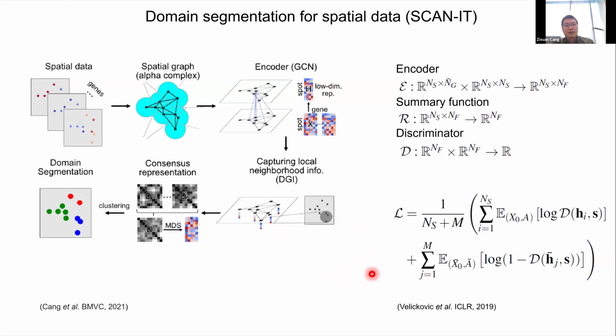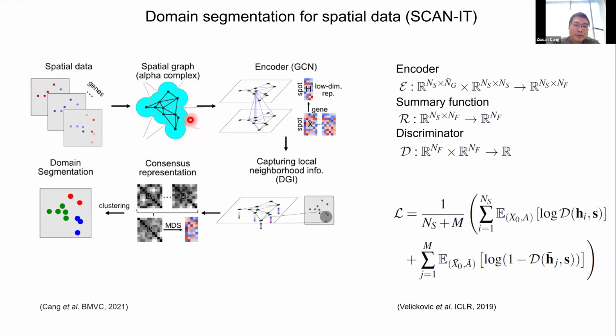Given spatial data, which is basically a point cloud in space, we can build a spatial graph. For this particular work, we're building an alpha complex based spatial graph, which we found to be more effective than the traditional KNN graph, that better reflects the local geometry of the tissue.